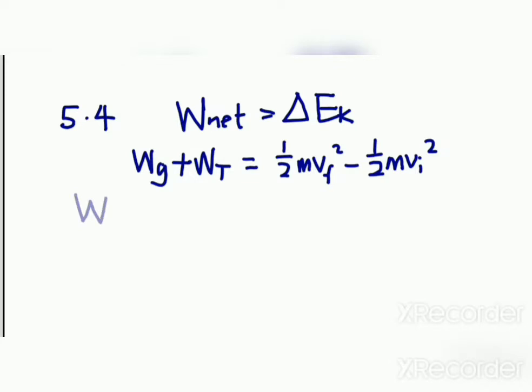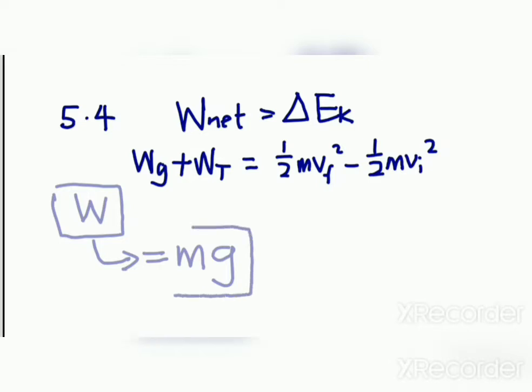Again, don't confuse this W for weight with this W for work. Now, we know that weight is equal to mass times gravity. So we can use that as the force involved in the work done due to gravity.